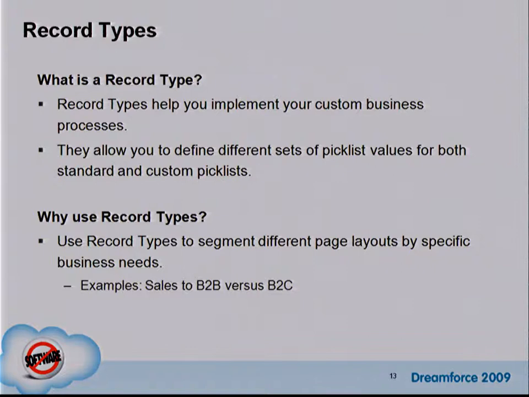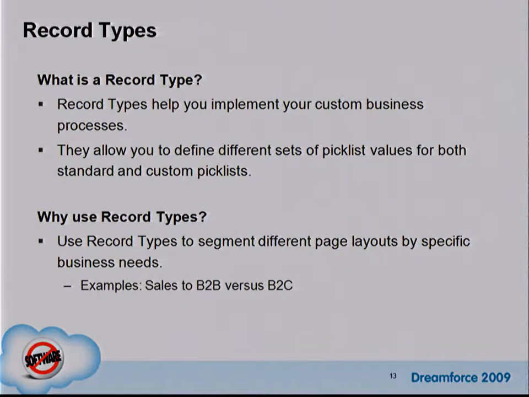So this record type can be used to choose the right page that displays to the user. It can act as a filter to show the right data that should be in the drop-down list. And the other thing this record type can do for an opportunity, it can take them through separate processes. Do you think the selling process to the enterprise is different than the consumer? Well, my enterprise selling process may be a lot more complex than my selling process to the consumer.